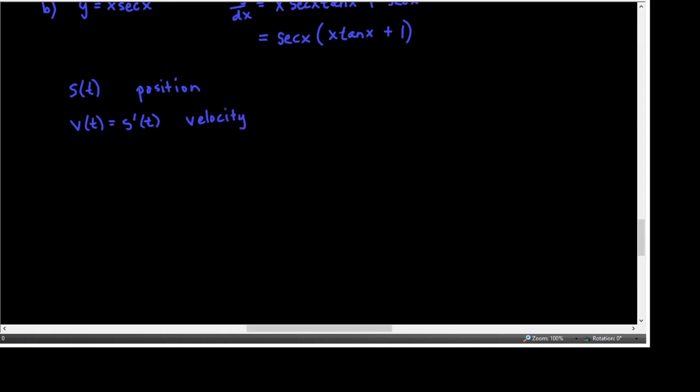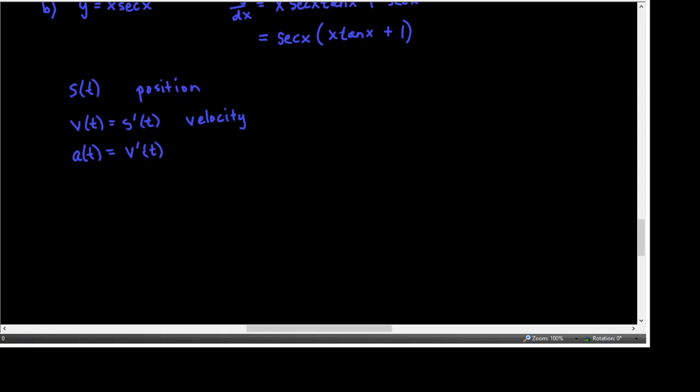And what tells you how fast your velocity is changing? If you're getting faster and faster and faster, well, that's acceleration, right? So the acceleration function ends up being the derivative of the velocity function. It's the rate at which the velocity is changing.